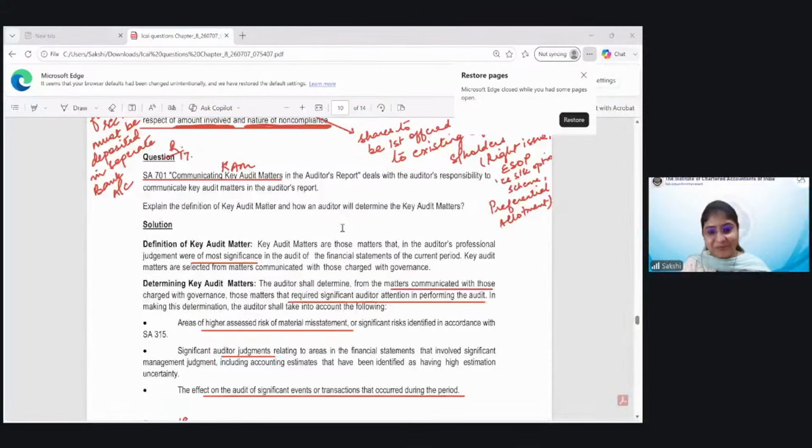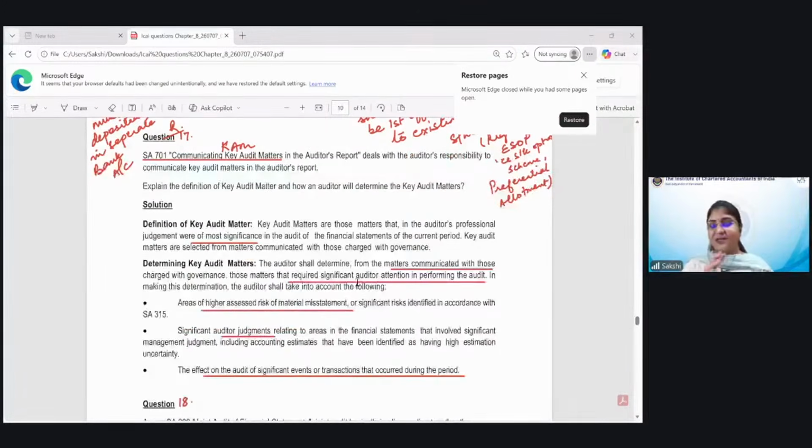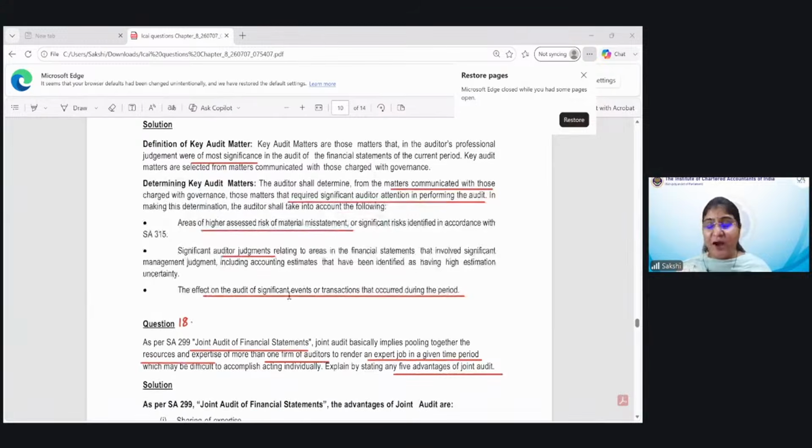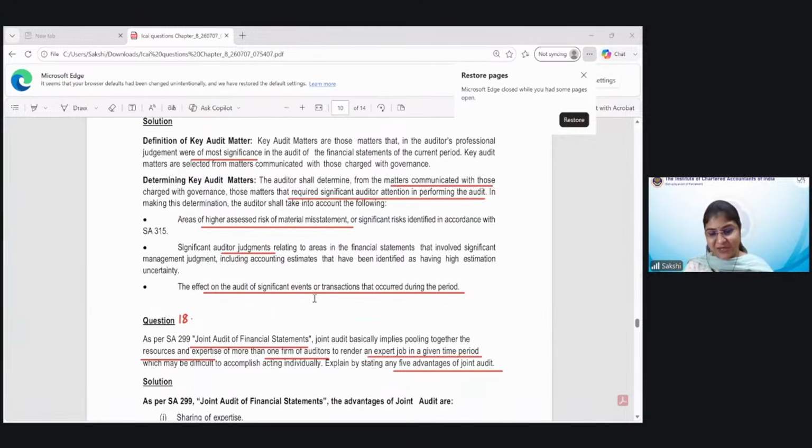Means, again, he has to see what are the things that will constitute. Yes, we have already done. So this is the definition, most significant matters. And again, risk areas of higher assessed risk of material misstatement, management's judgment, and effect on the audit of significant events or transactions. Same, ditto, replica.